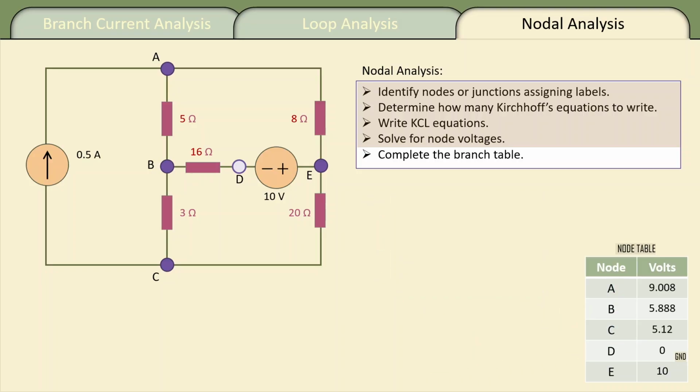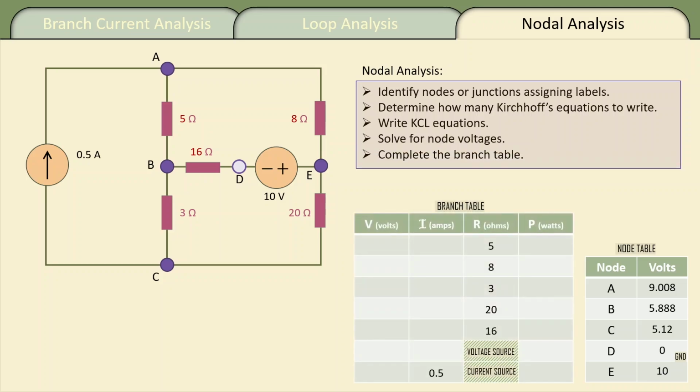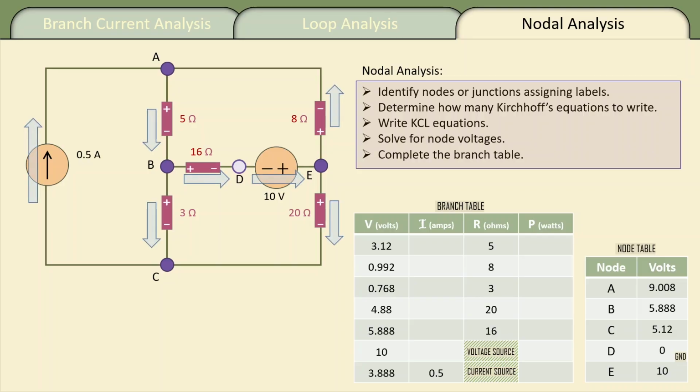So with nodal analysis, we completely solve the node table first, and then we complete the branch table. We can get the volts associated with each component in the circuit as a difference in node voltages. We also can know the current directions by which node voltage is higher.